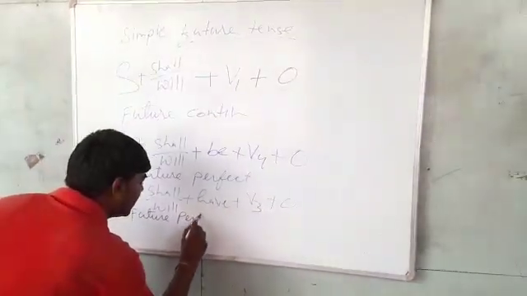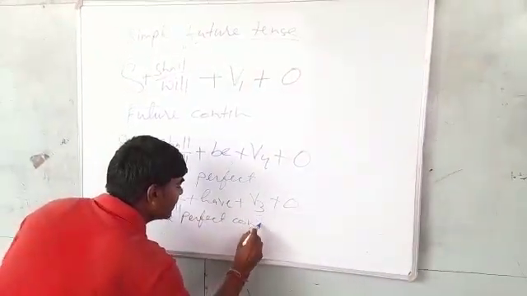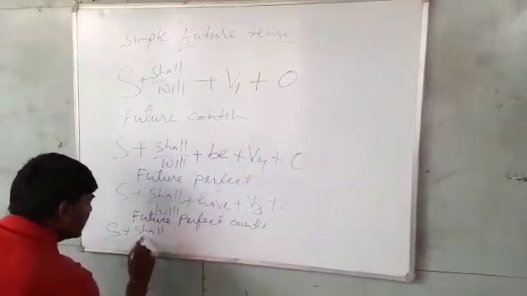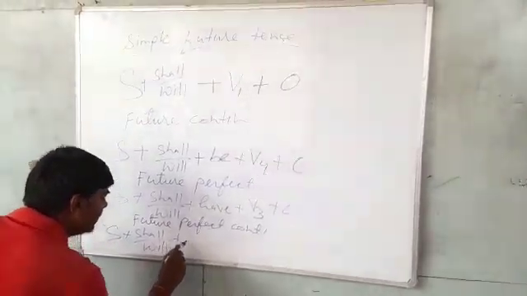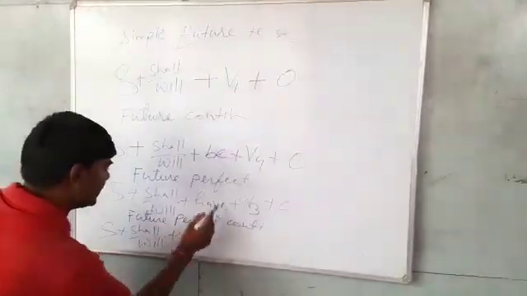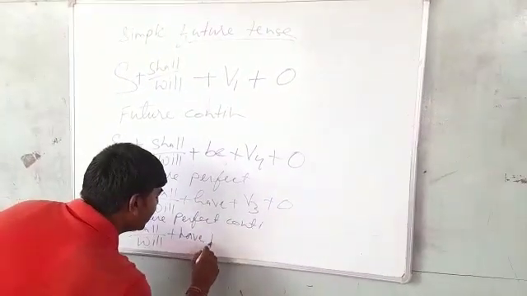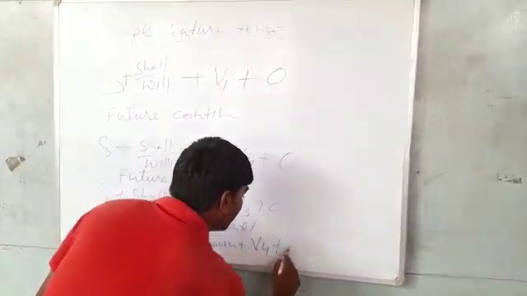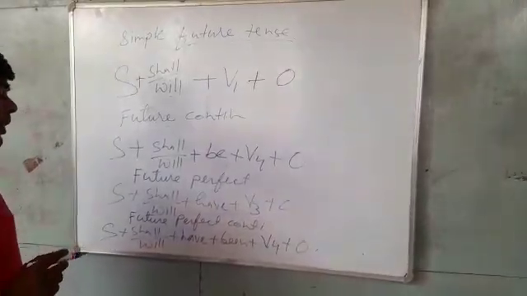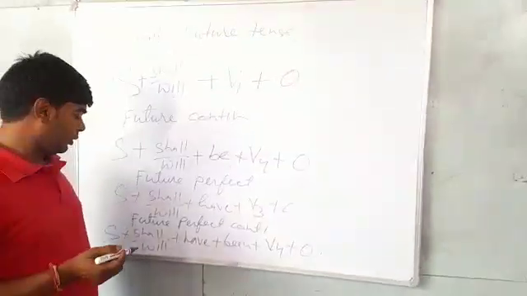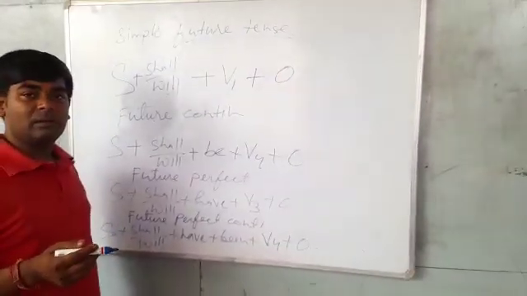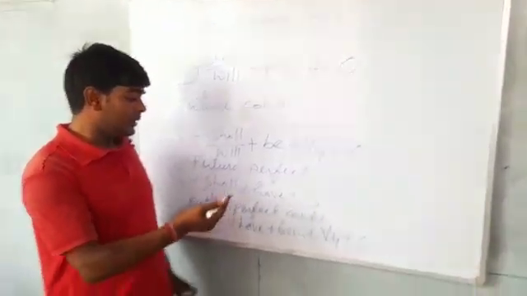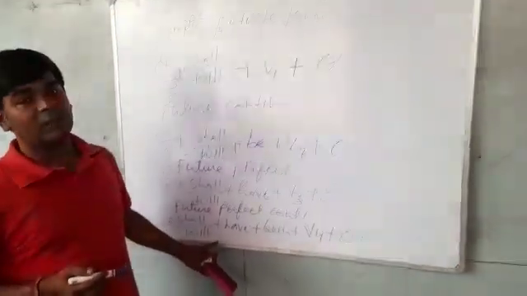The structure will be subject shall will, and then have plus been plus V4 plus object. I shall have been waiting for you. He will have been drinking water. He will have been looking after the country. These are the examples of future perfect continuous tense.